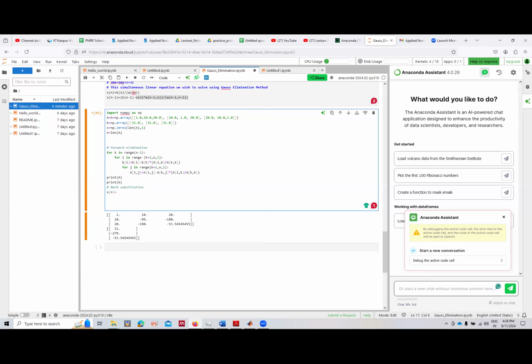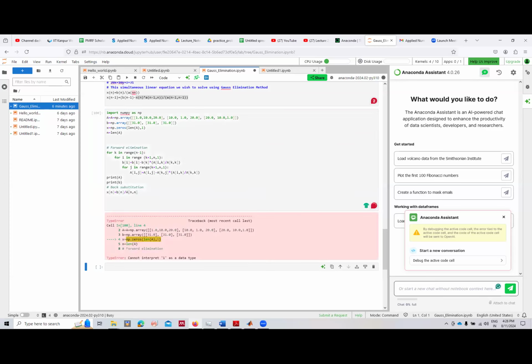Will be equal to b n divided by a n comma n. Okay, simply I shift enter.